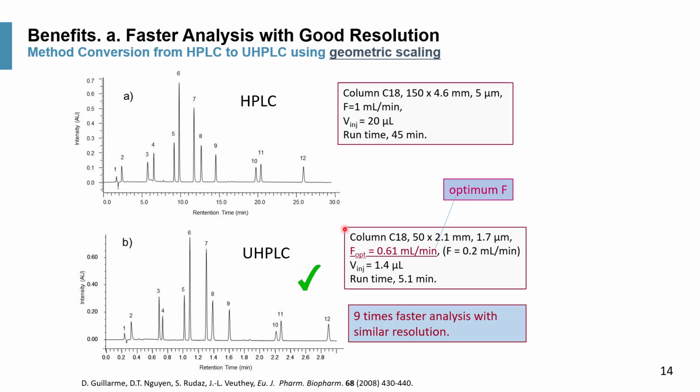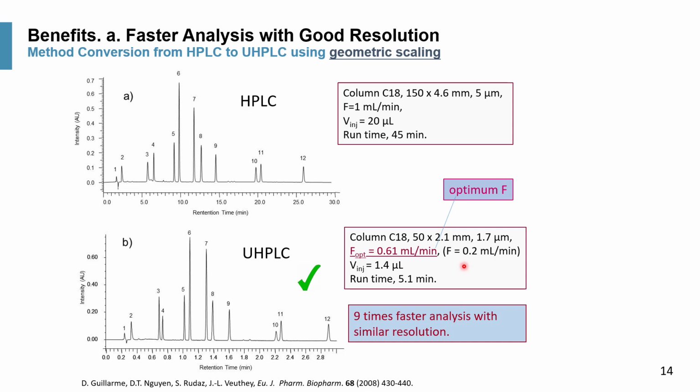Now, in comparison, Dr. Guillarme used something called geometrical scaling. When you scale to a shorter column with smaller ID packed with smaller particles, you do geometrical scaling, and the flow rate also has to be adjusted.